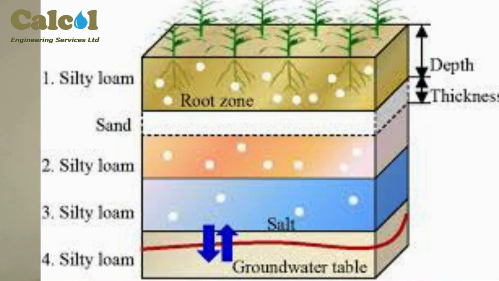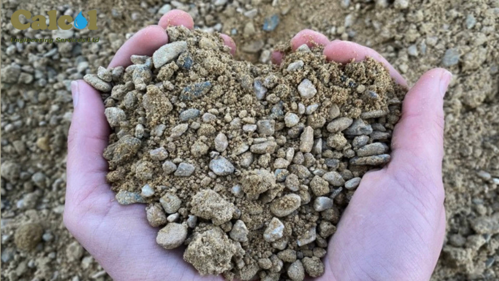You could have fine tilth, you could have loam, you could have sand. So you need to determine the depth of the different soil layers within that effective root zone depth. Then you determine the soil texture and percentage of stone or gravel of each layer. You will understand later why we do that.